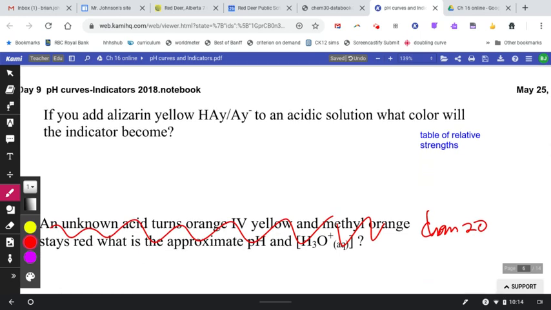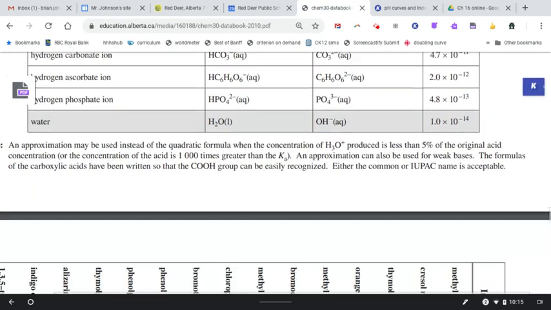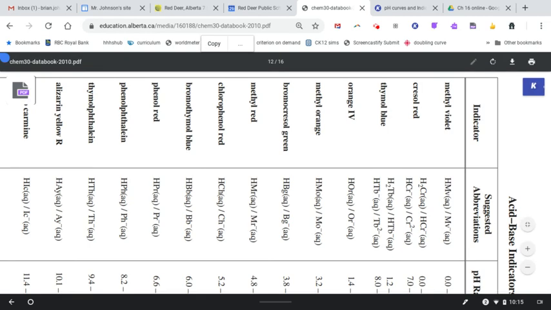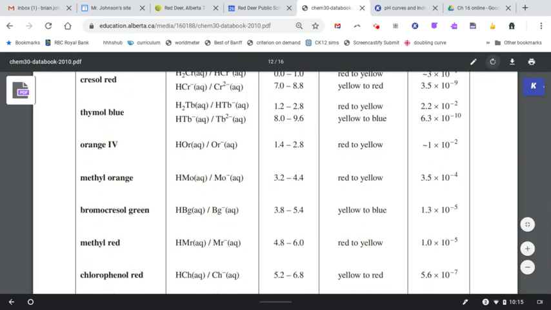I would too. If you add alizarin yellow to an acidic solution, what color will the indicator become? So if we add it to an acidic solution, the H3O plus will go after the basic form. And alizarin yellow, I just gotta look that one up here. It sucks that I have to keep flipping this thing around. Alizarin yellow.